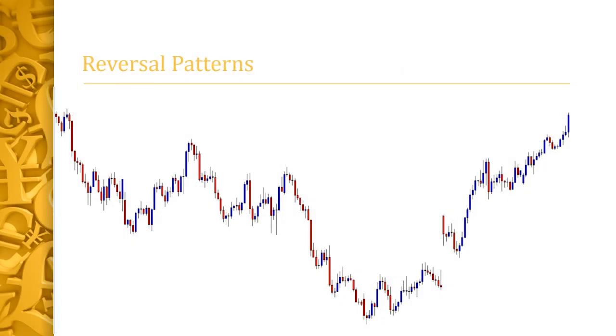Well guys, we are all technical traders, and surely that's why you're here. Usually, technicians watch for price clues to alert them to a shift in market psychology and a shift in the trend. Reversal patterns are these technical clues that we look for.